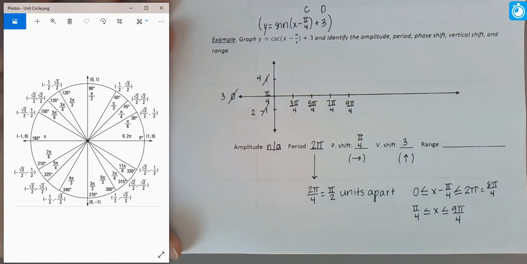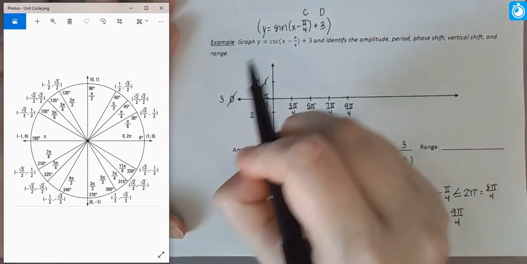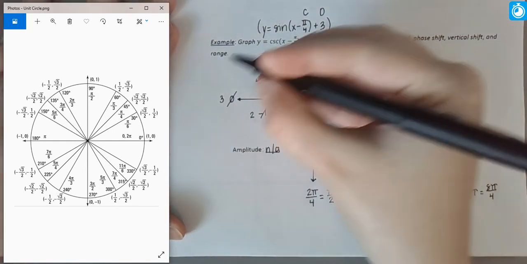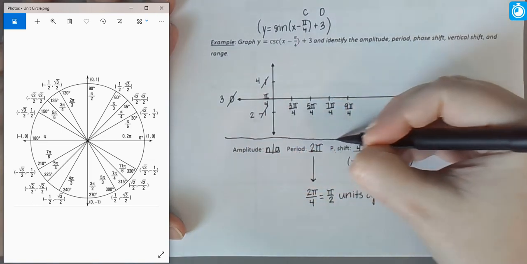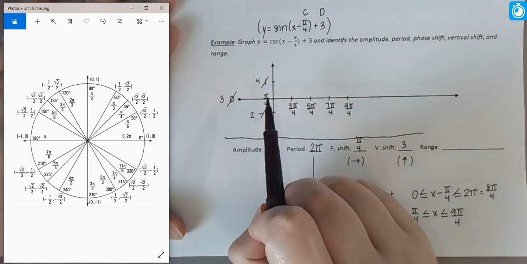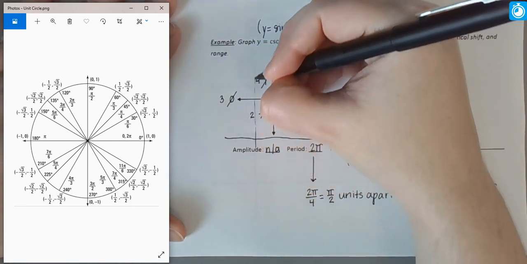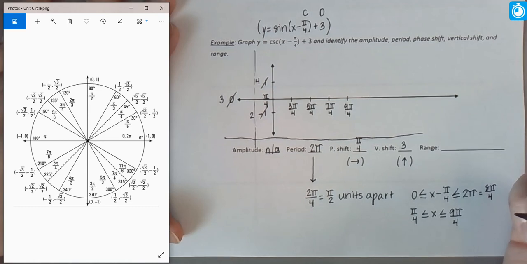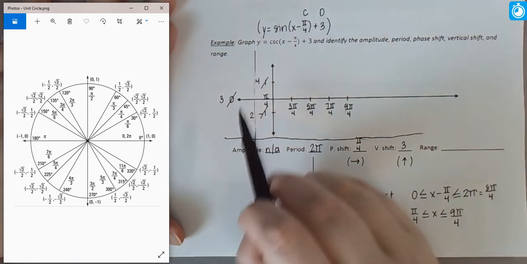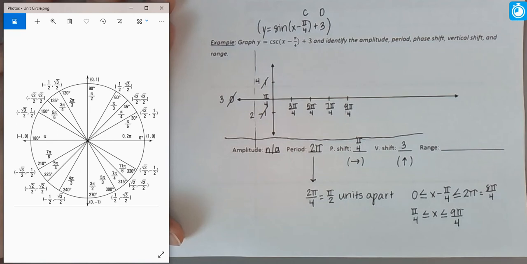Okay. So what does this mean for the actual axes? Where are the actual axes in this case? Well, all of our y values that we're graphing on are positive, which means our x-axis is somewhere down here. And we're starting at pi over 4, a positive number, which means our y-axis is somewhere over there. So just keep that in mind. As we graph, we're technically graphing in the first quadrant of the xy plane.